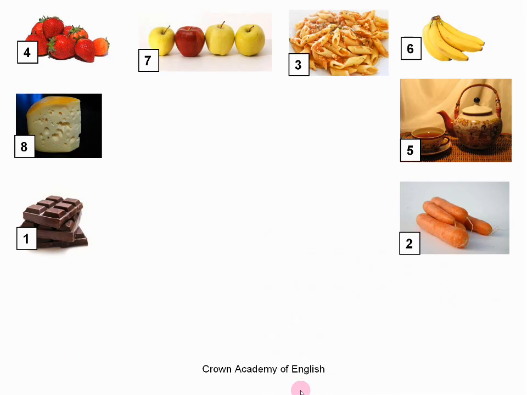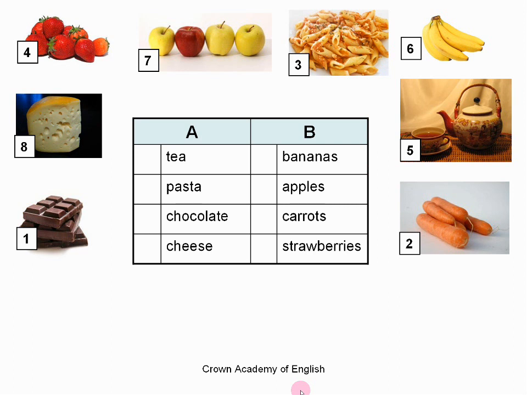So we are going to start with an exercise. Here are some photographs of some foods with a number on each photograph. And here is a list of words, and the exercise is I want you to put the number of the correct photograph in front of the word.